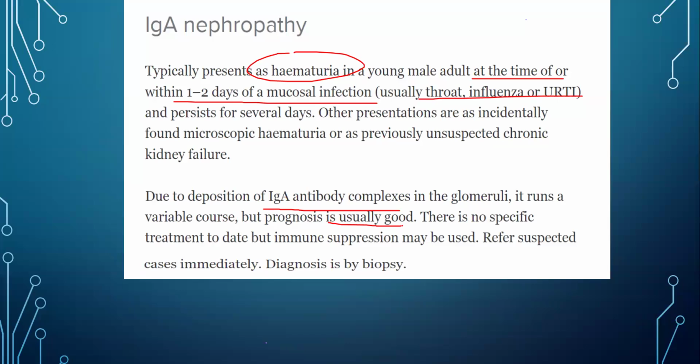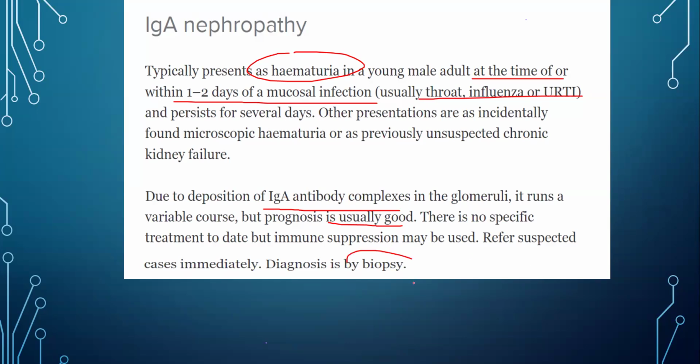There is no specific investigation that you can do to confirm this diagnosis. All you can do is, if you check the urine, you will get some hematuria, and the clinical symptoms will give you the diagnosis. There is no specific treatment as well, but if the child starts to lose a lot of protein in the urine, or if the child has deteriorating kidney function, then you will need to refer the child to a kidney specialist for possible immunosuppressive treatment, such as a steroid or sometimes even a stronger immunosuppressant.